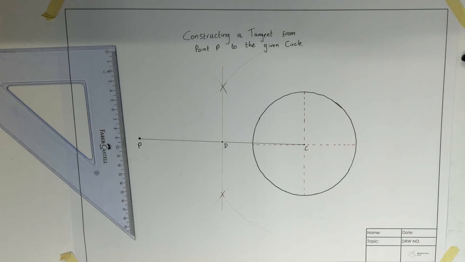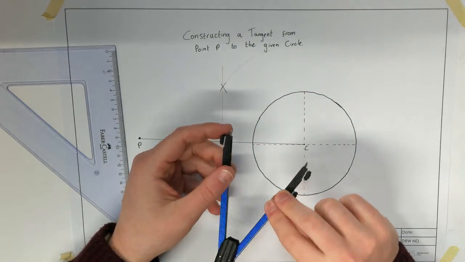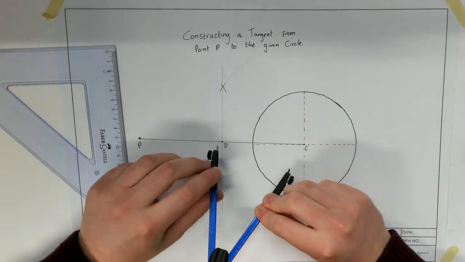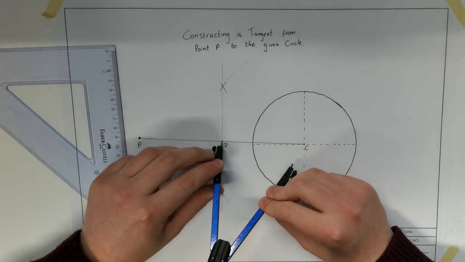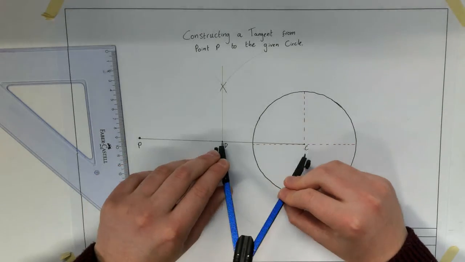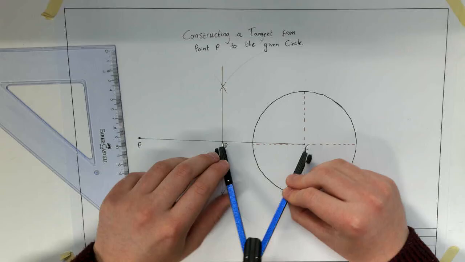Okay, next thing we do is the actual construction of the tangent. So we go back to our compass and we put the tip of our compass onto the center point D, from where you bisected it.